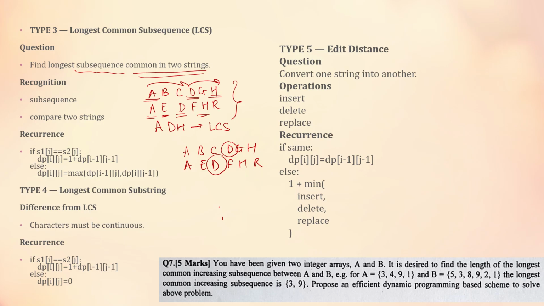Basically, in case of subsequence, the order matters, but characters need not be consecutive. But in case of substring, it must be contiguous.